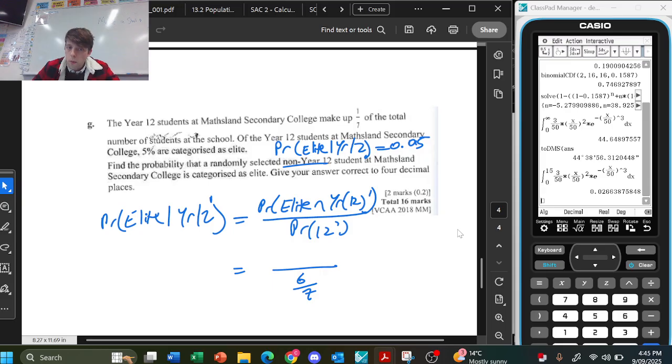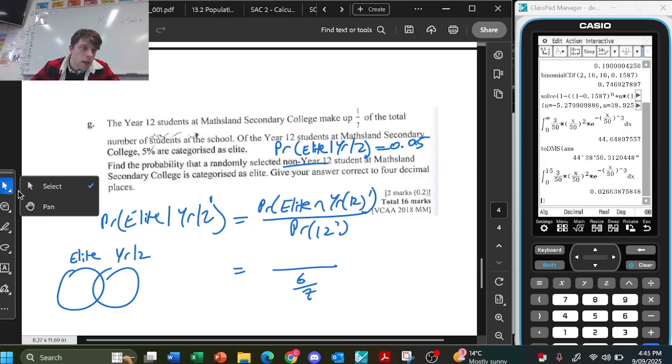And then we have the probability that they are elites and in year 12. So the way that we can think about that, we'll need to have a careful think about that. The way I did it before was we can sort of think about these two sets. So we've got here the set of students who are elites and the set of students who are in year 12.